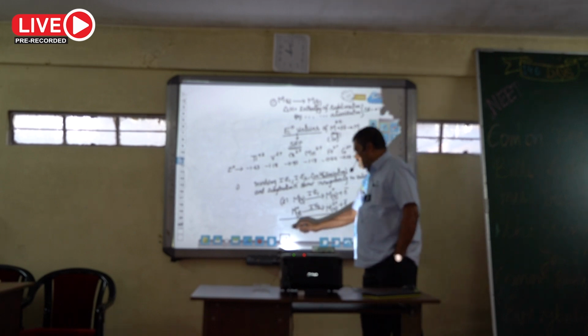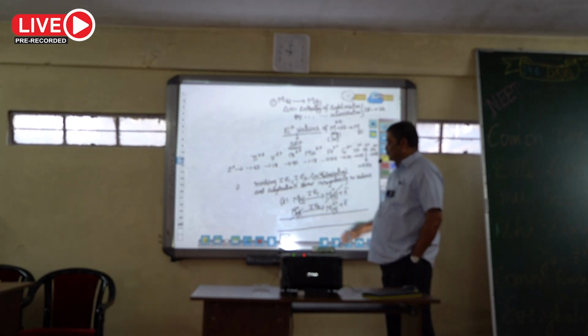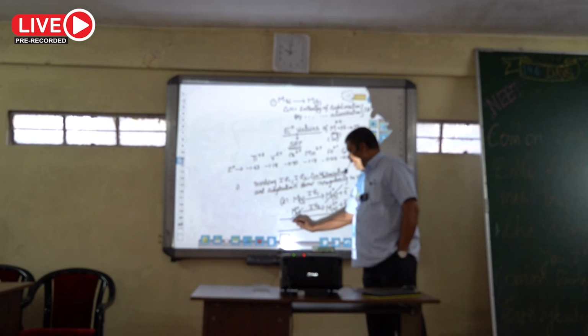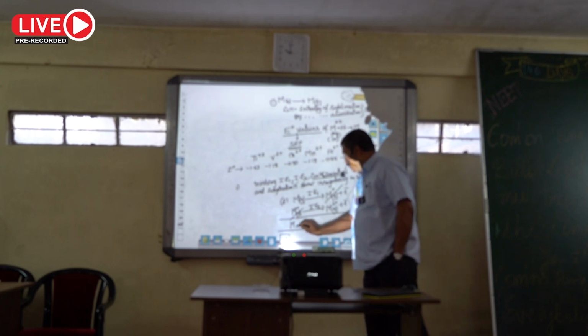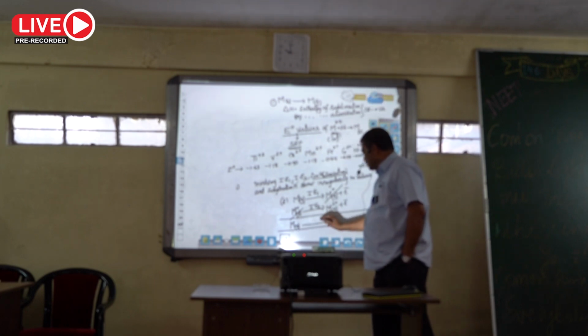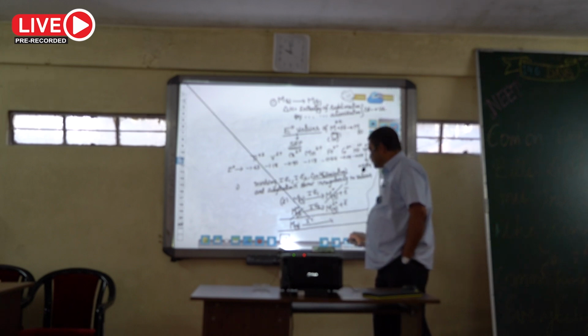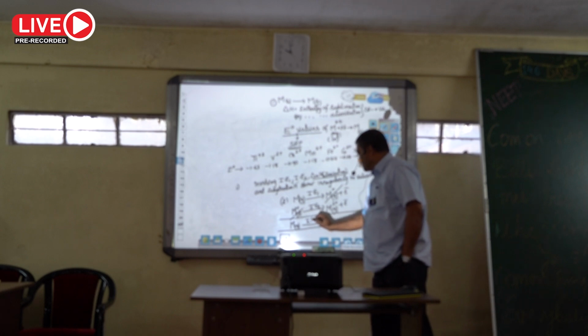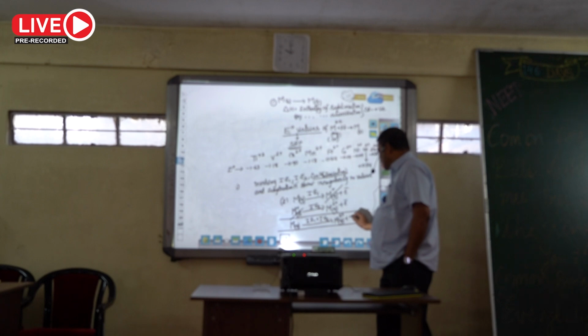If you add these two changes, the M plus terms cancel. So M gas, with IE1 plus IE2, gives M2 plus gas plus 2 electrons.